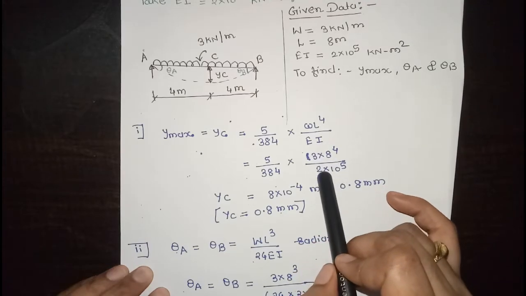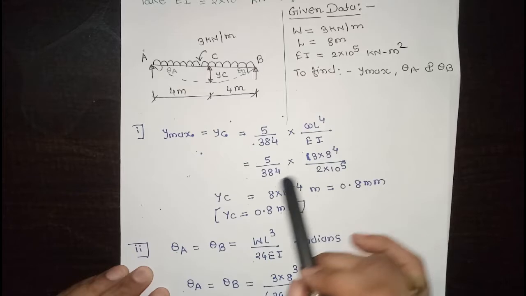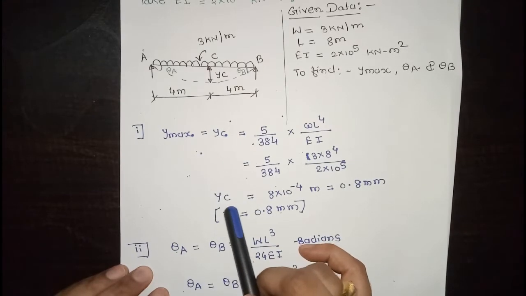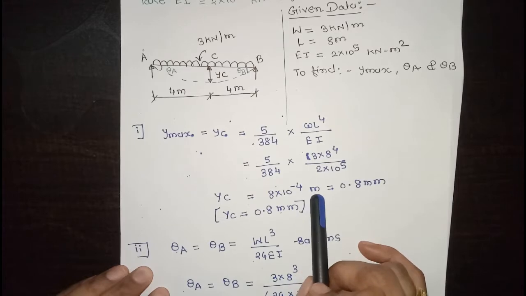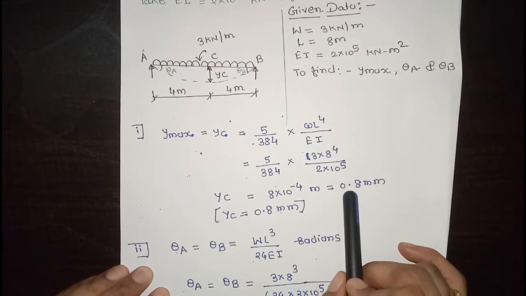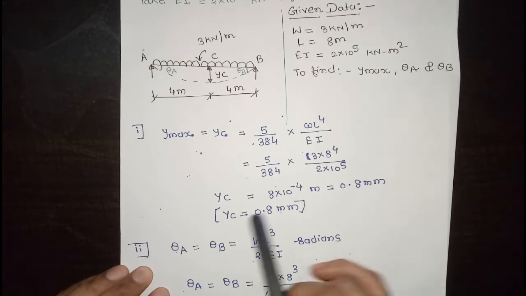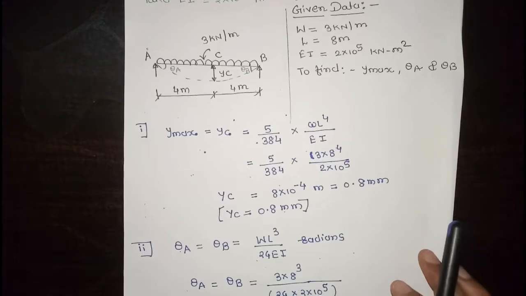EI is the flexural rigidity, so 2 into 10 to the power 5. Then we get YC is equal to 8 into 10 to the power minus 4 meter. Convert mm, is equal to 0.8 mm. So YC is equal to 0.8 mm.